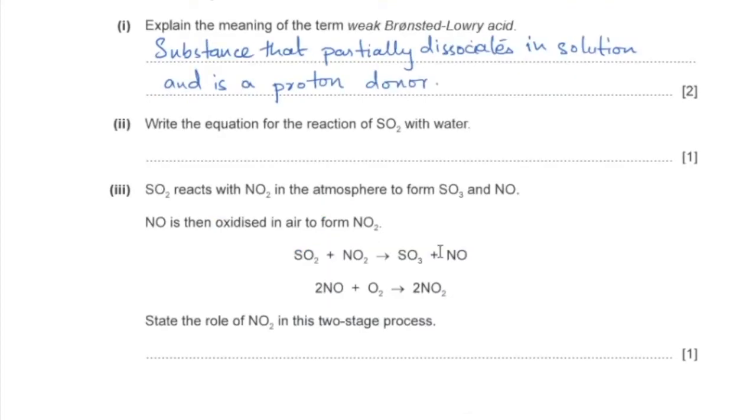Part 2, write an equation for the reaction of sulfur dioxide with water. So sulfur dioxide plus water gives us sulfurous acid, which is H2SO3.